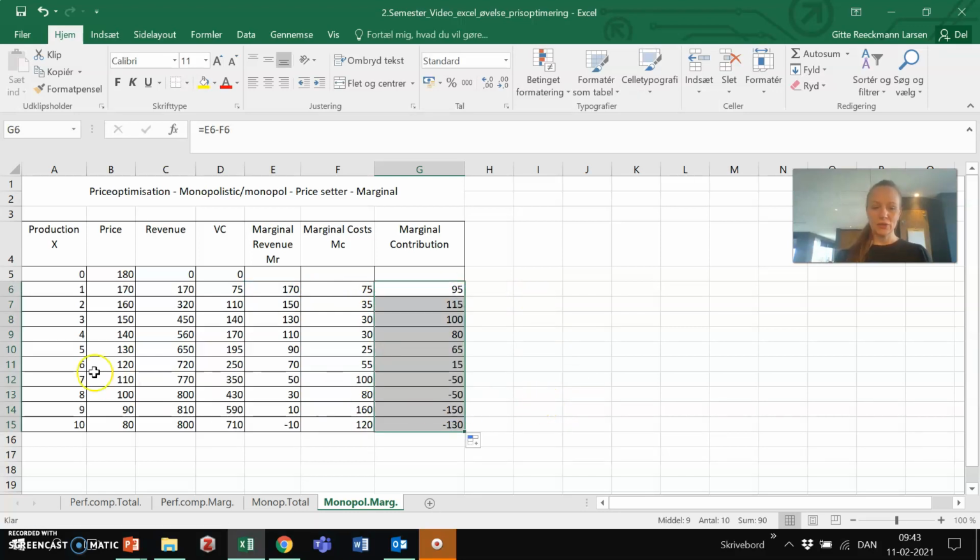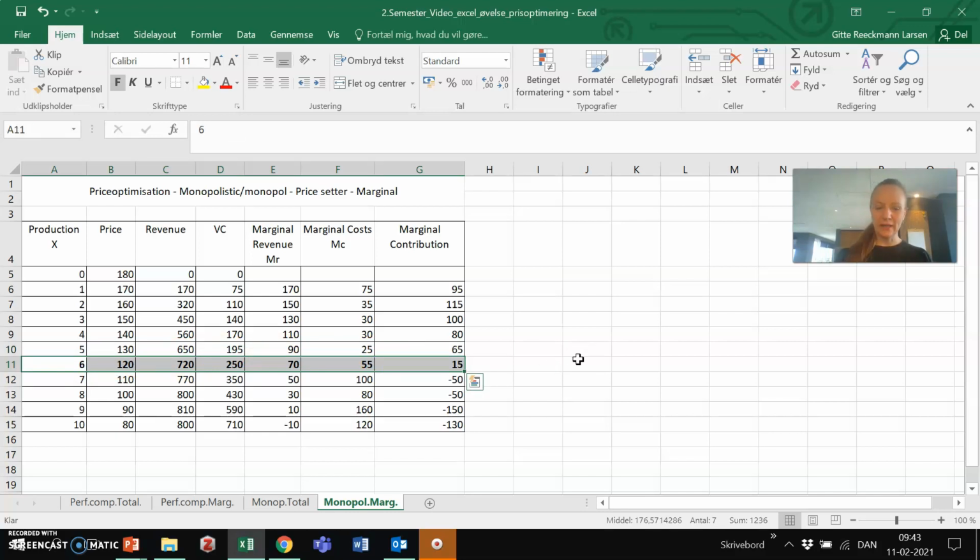All right. So what we see here, again, is the same conclusion on the two methods, because we have a positive contribution all the way down to a price of 120 and production of 6. Okay? So you will find the same conclusion using the different methods.